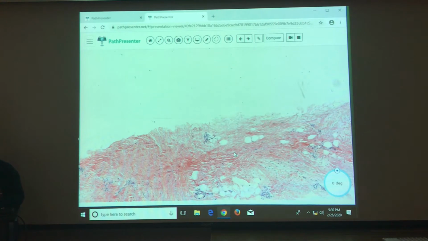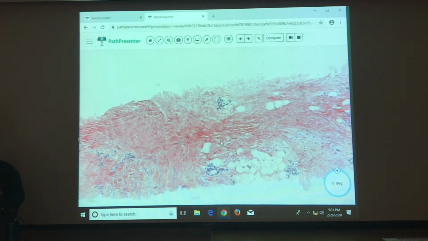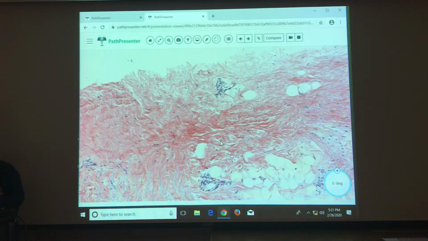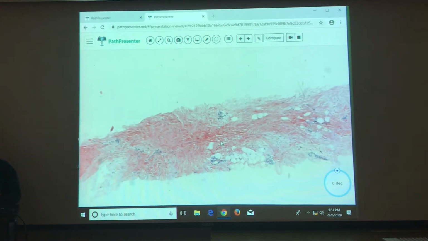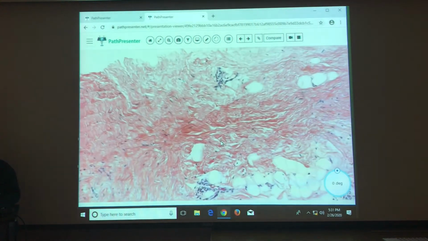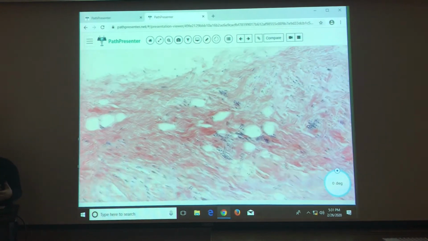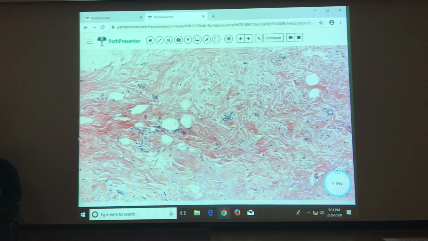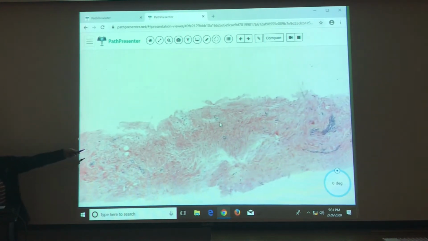Can we call this fibroadenomatous change? Okay, I wouldn't give you a fibroadenomatous change if I wasn't going to give you a fibroadenoma. I think you guys are thinking a little too much, maybe that I give you pathology. So this is just a benign breast. What if I give you normal?